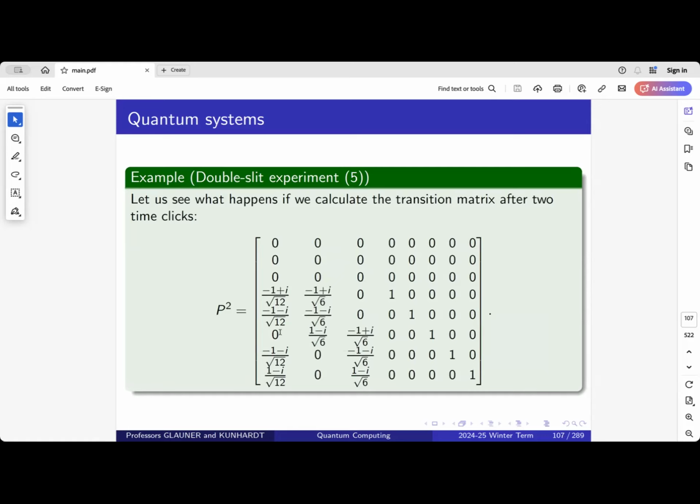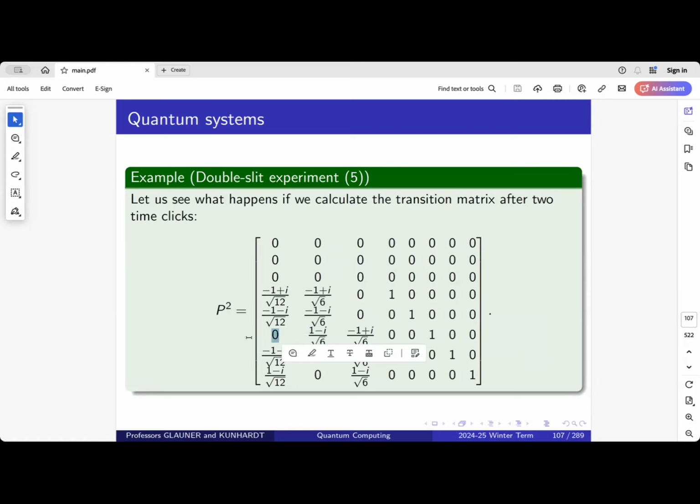And what we see is actually this row is most interesting because it now describes two transitions, and we have this 0 in here, which really doesn't look good. And if you multiply this matrix P with itself, you will also come to this 0.